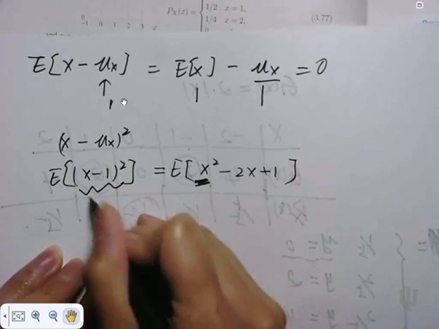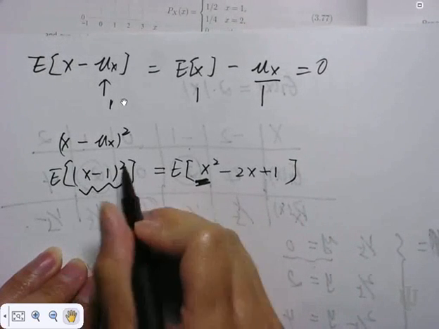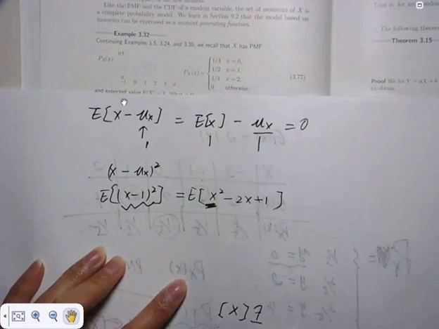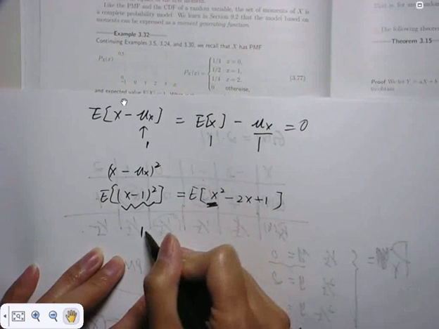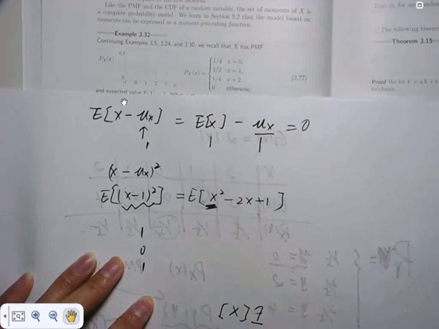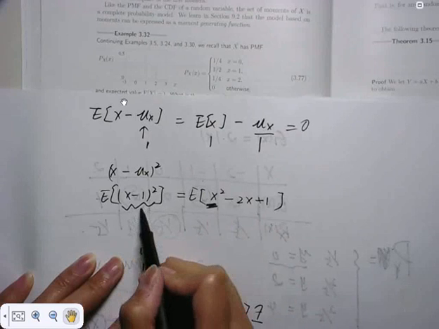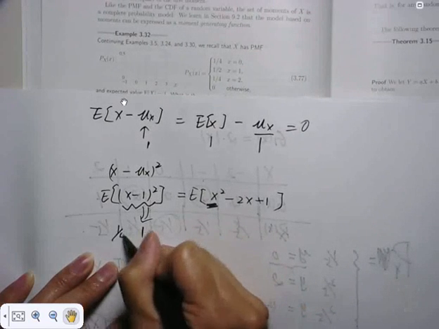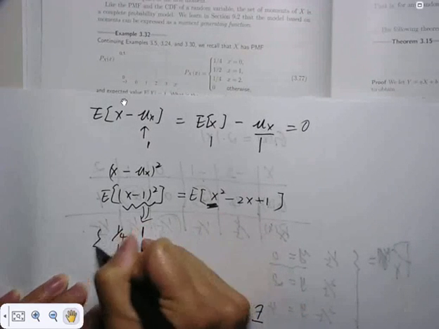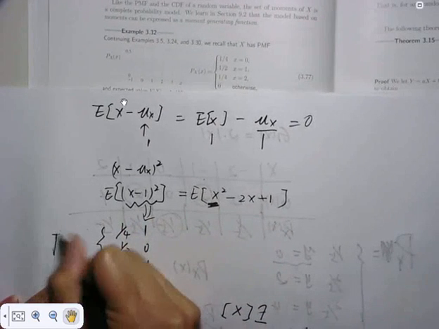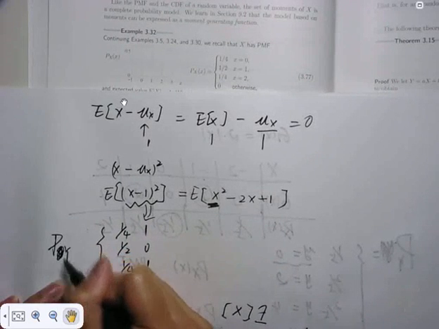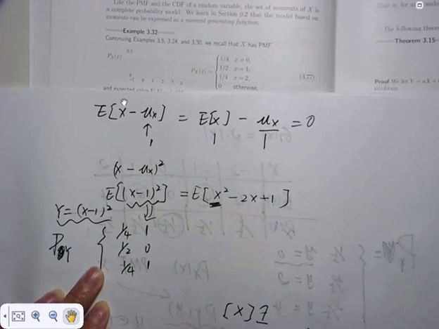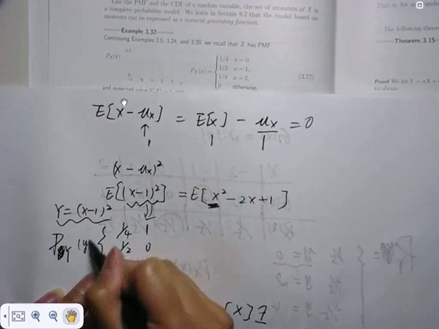So if I list all the possible values of x minus 1 squared using 0, 1, 2, it will be 1, 0, 1, right? This has this much probability. This is P of y, and y equals x minus 1 squared. Right? Okay, everybody see why she got 1, 0, 1?